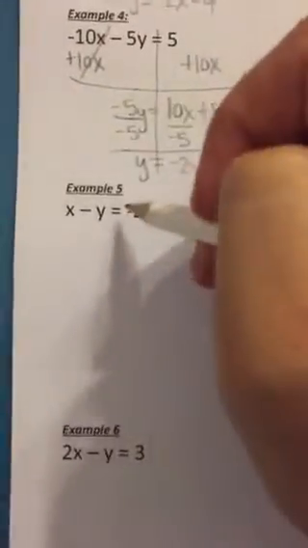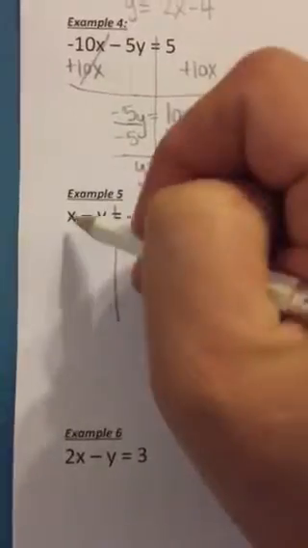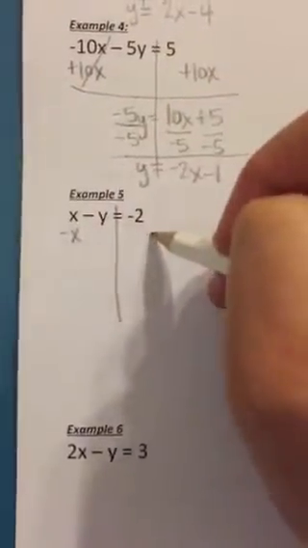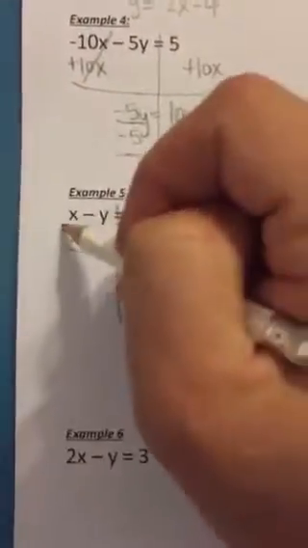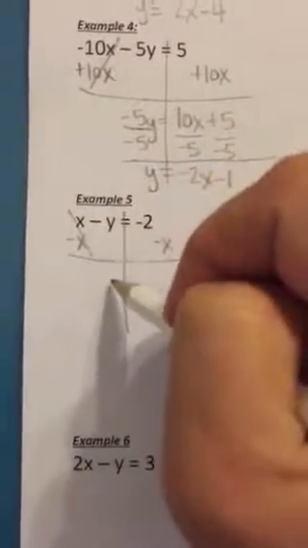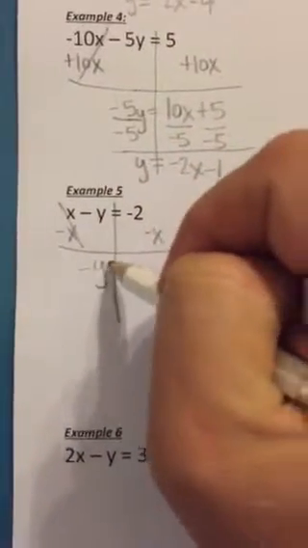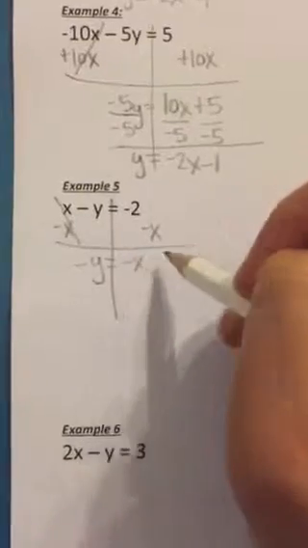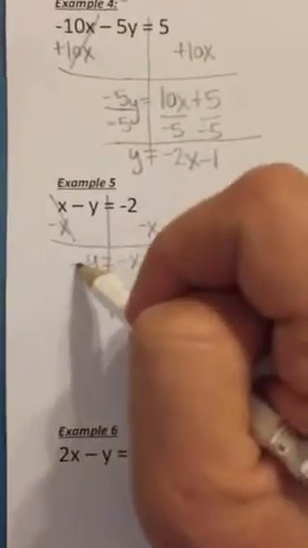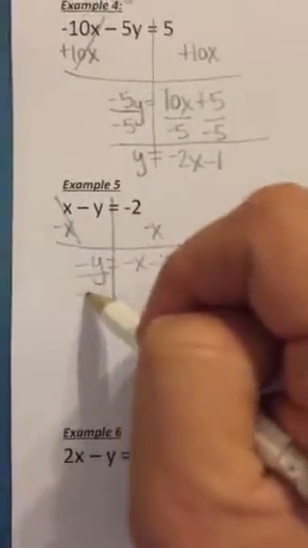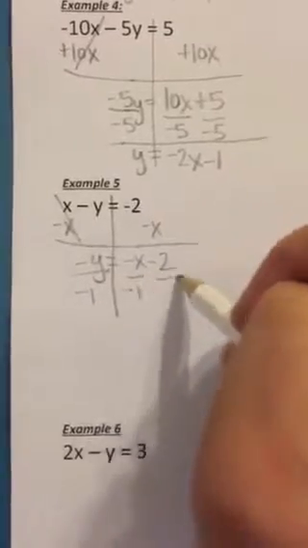On example 5, I would subtract x from both sides. So I saw that negative in front of the y, so I'd bring down negative y equals negative x minus 2. To get rid of that negative in front of the y, I'm going to divide by negative 1.